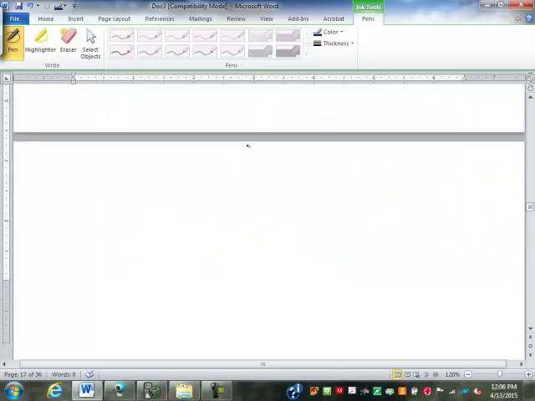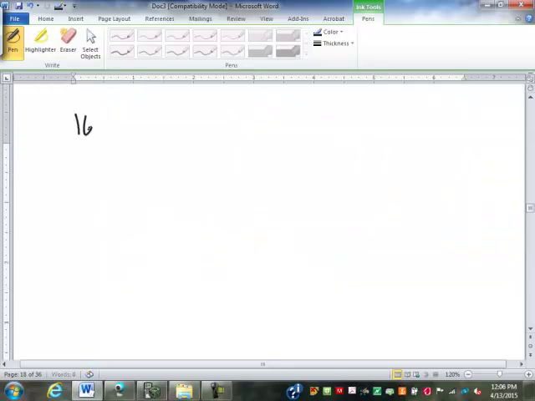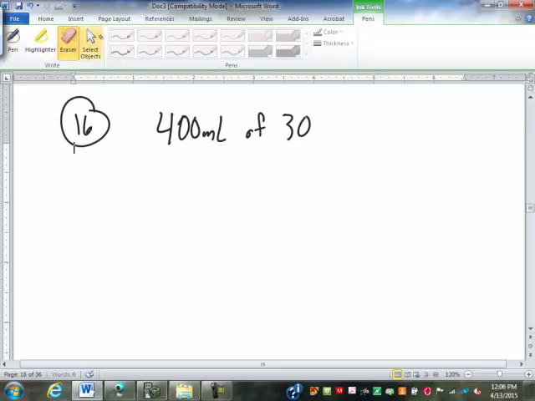16. We need to make 400 milliliters of 3% KCl, so potassium chloride solution, by diluting 8% solution. How much is needed? So we're just using the concentration adjustment formula, volume times concentration.